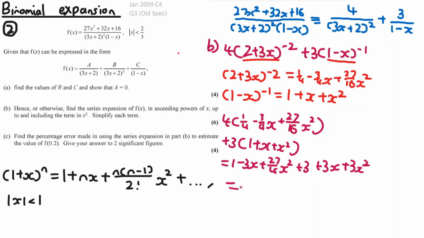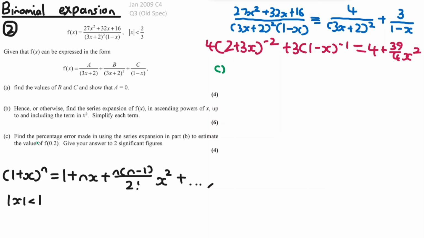Then you can do a load of simplifying here, and you will eventually get 4, and then you can see that it's minus 3x plus 3x, so this is just going to be plus 0x, which you don't really need to write, and then it's going to be 27/4 x squared + 3x squared, which is equal to 39/4 x squared. So this here is equal to 4 + 39/4 x squared.